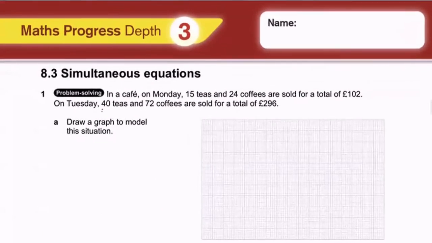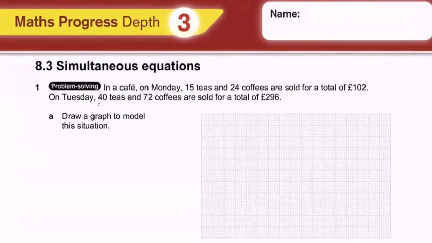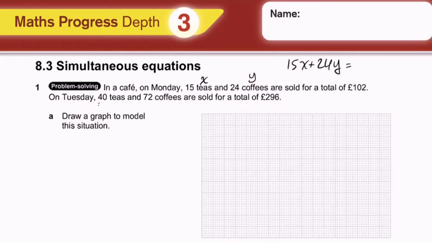Okay, here, we said that the tea will be x and the coffee will be y, so 15x plus 24y equals 102. Okay, divided by 3, 5x plus 8y equals 34.